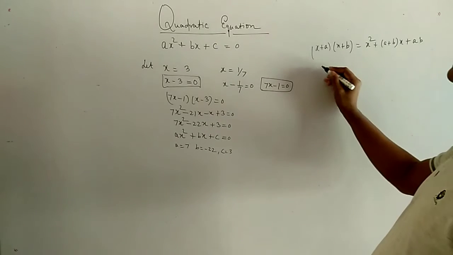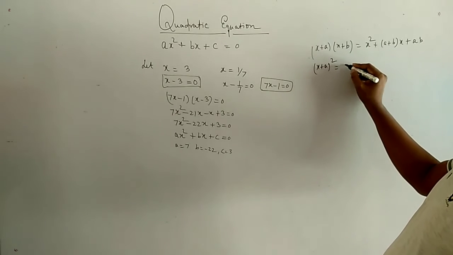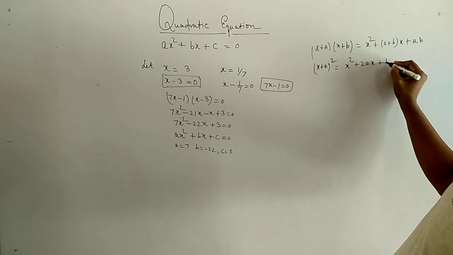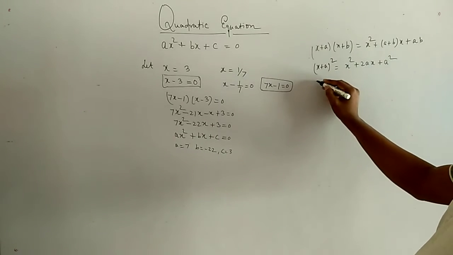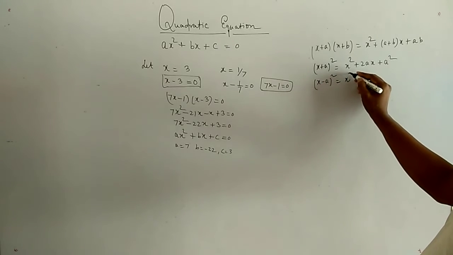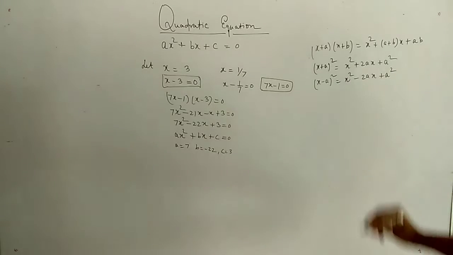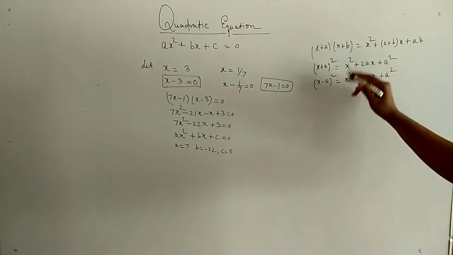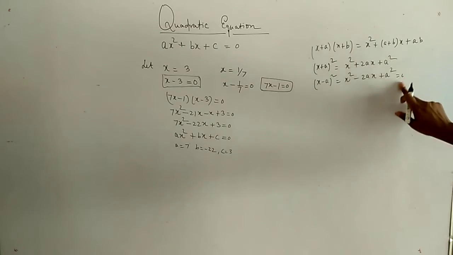Now if b becomes a, it becomes x plus a whole square, so you get x square plus 2ax plus a square. That is a quadratic expression. Then x minus a whole square is x square minus 2ax plus a square. This is also a quadratic expression. So all these are quadratic expressions; if you make them zero, they become quadratic equations.